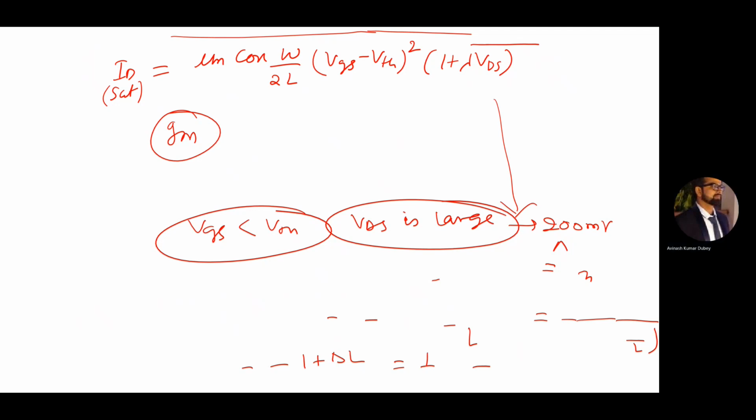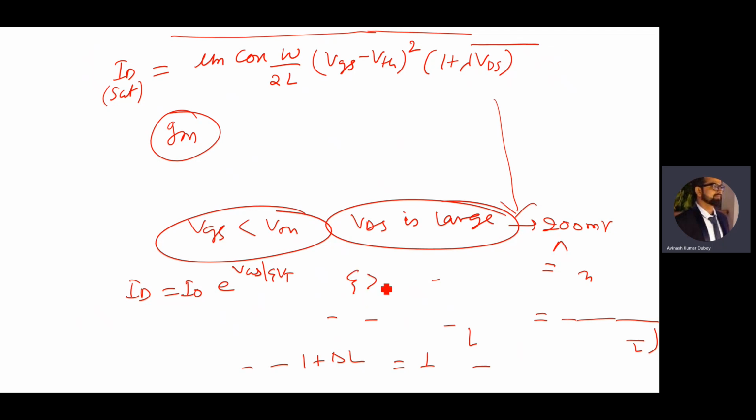Then there will be some current, and that will depend exponentially as e to the power VGS divided by eta VT. VT is the thermal voltage, and eta is our material constant, generally greater than 1.